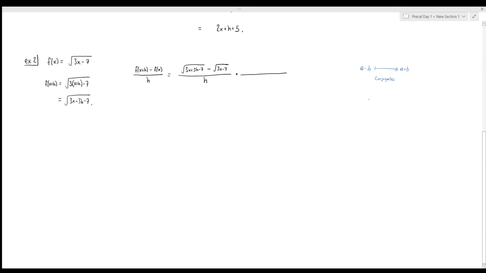And what's useful for us is when you multiply two conjugates together, so if I do a minus b times a plus b, if you were to FOIL all of this out, you'll find that the product is equal to a squared minus b squared.